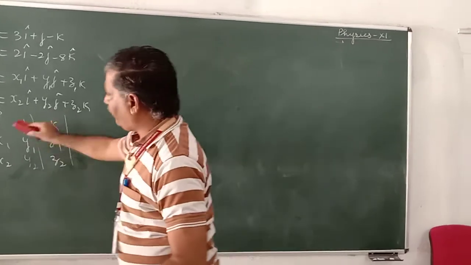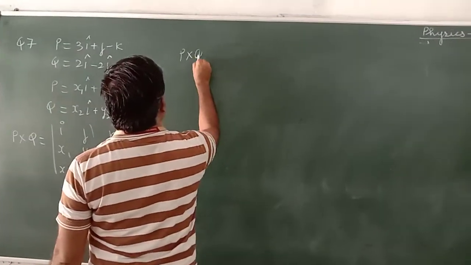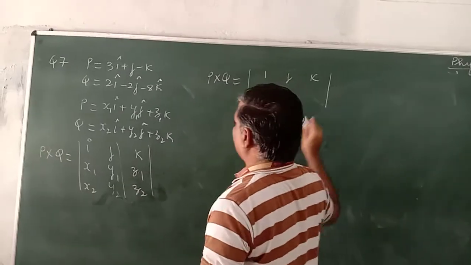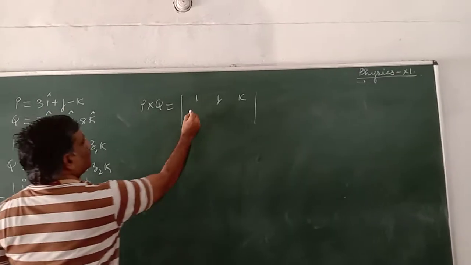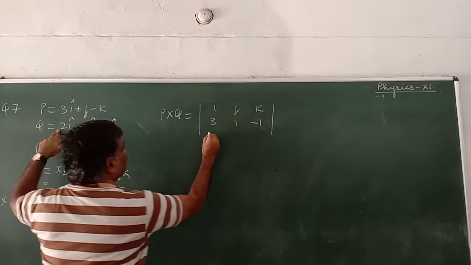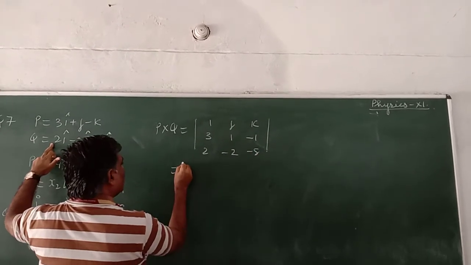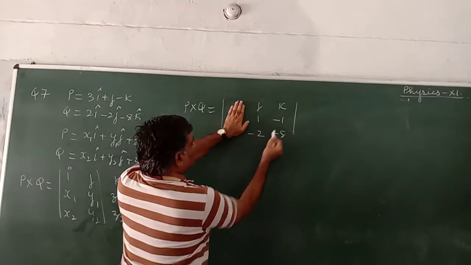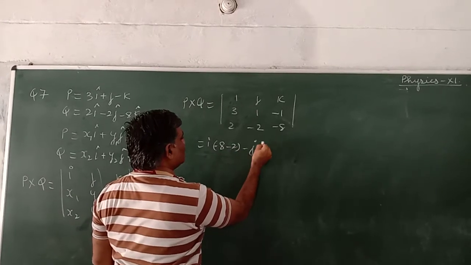Here, already we have written the generalized form. So, P cross Q is equal to i, j, k. Then x1, 3, 1, minus 1. 3, 1, minus 1. Then 2, minus 2, minus 8. So i, block it. Minus 8, minus 2. Middle sign is minus j.